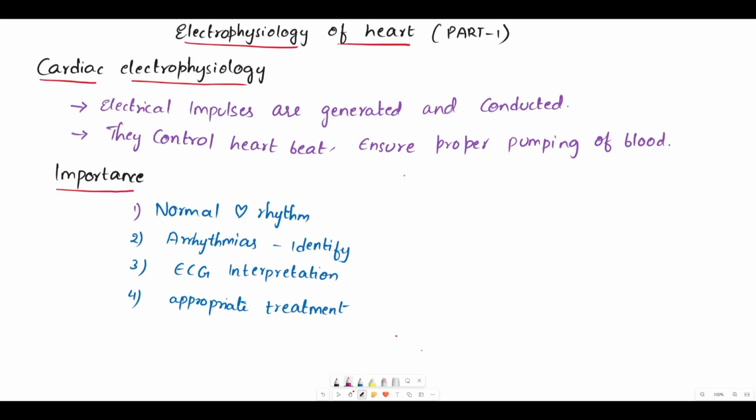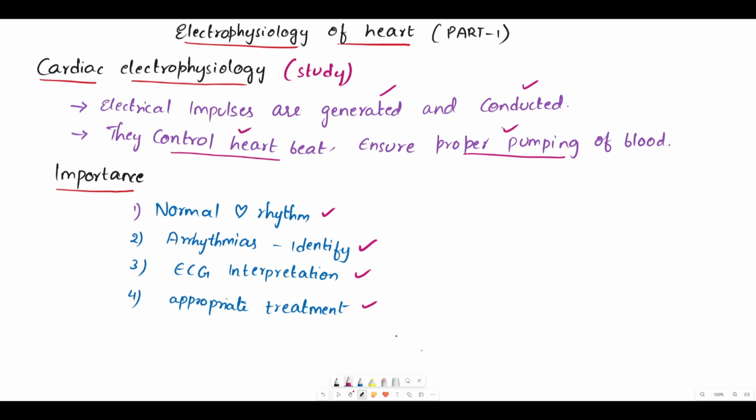So, coming back to the introduction of the electrophysiology of the heart, first we need to know what cardiac electrophysiology is. Cardiac electrophysiology is a study that helps us to know how the electrical impulses are generated and conducted. And second, these electrical signals are helpful for controlling the heartbeat and also ensure that there is a proper pumping of the blood.